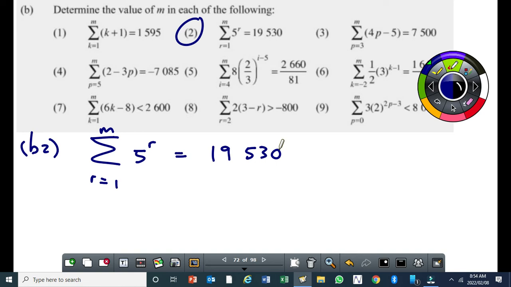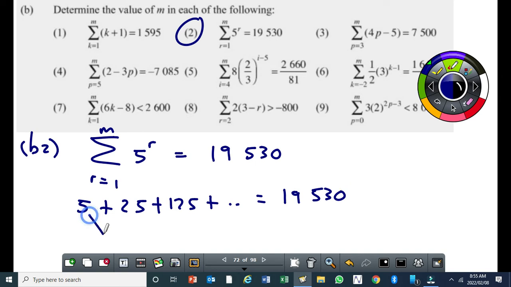The left hand side, if I put r equal to 1, I'll get 5, plus r equal to 2, I'll get 25, r equal to 3, I'll get 125, plus and so on, equal to 19,530. Now I can simplify it and write it in terms of m. The common ratio is T2 over T1, which is 25 over 5, and that gives you 5.